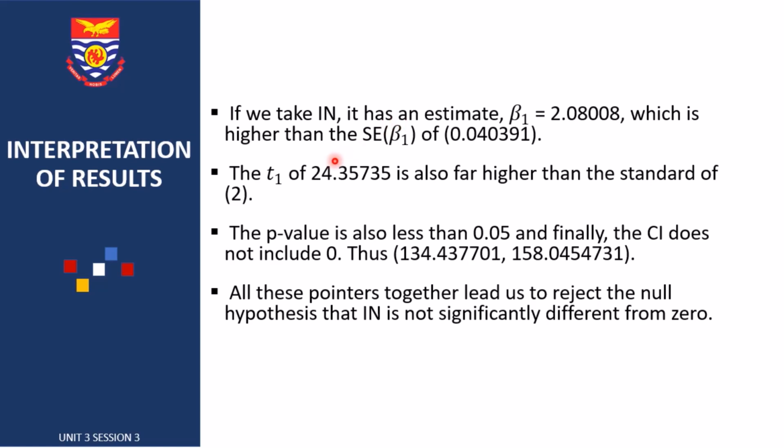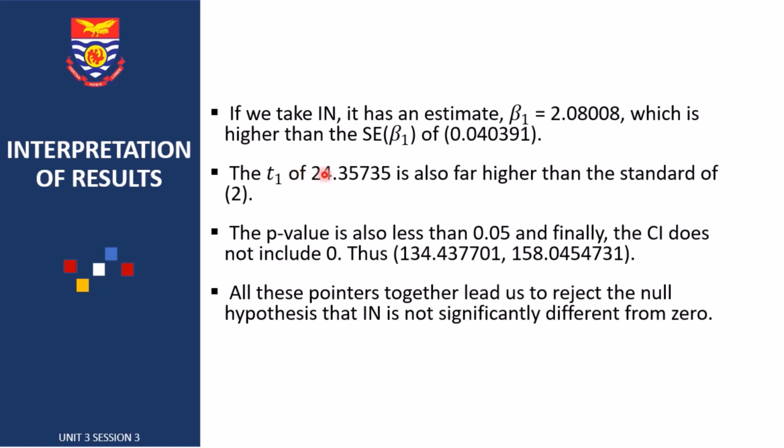And also the t statistic of 24.35735 is far higher than the standard of 2. So we always set a standard of 2 for our t. So if the t statistic is higher than 2, we assume that it indicates the significance of our estimation coefficient.